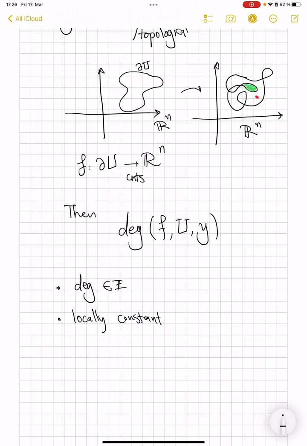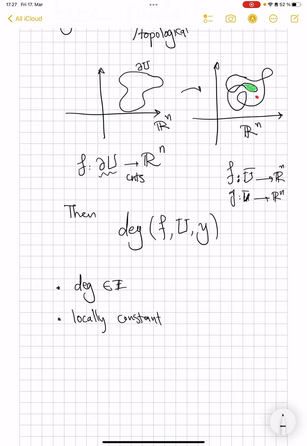The other thing is that you can actually use this to also define a degree, or maybe actually in some texts the definition is already for continuous functions on the set U, not just its boundary. But then the claim is that the degree only depends on the values along the boundary. So if f and g are defined on the closure of U, then their degrees will be equal everywhere if they agree on the boundary.